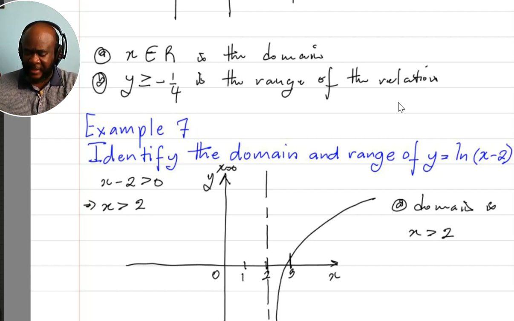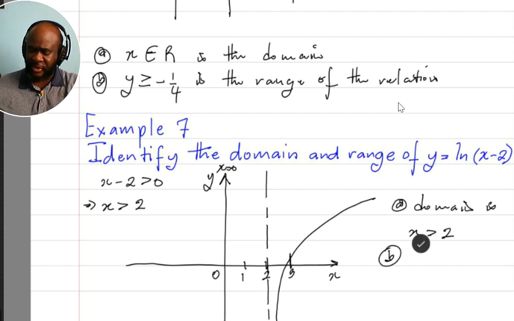Any value of x which is less than 2 is going to be asking you to find ln of a negative number, which is impossible.